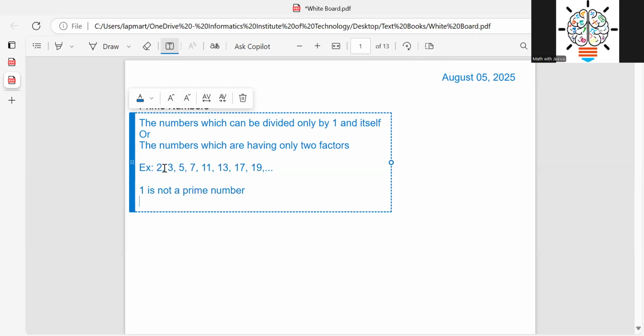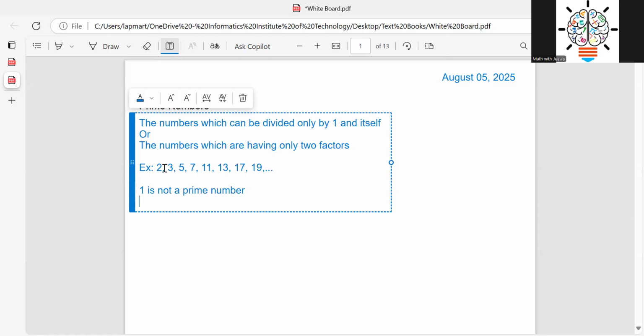There is another specialty in this prime number list. If you can see, all the other numbers are odd numbers other than 2. So 2 is the only even number we can see in the prime number list.